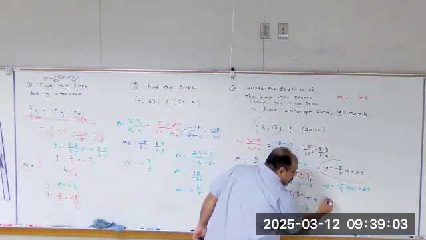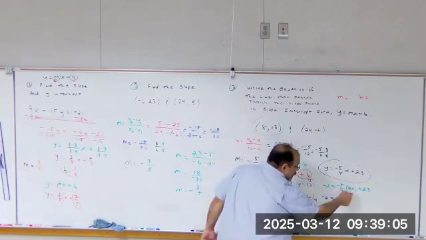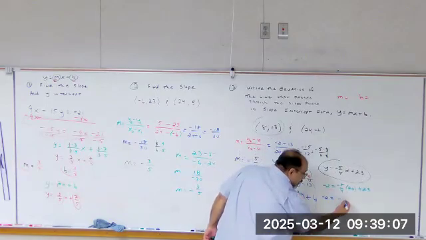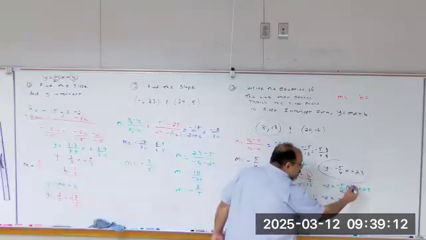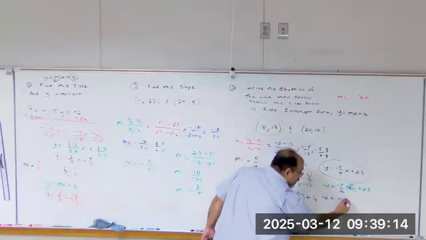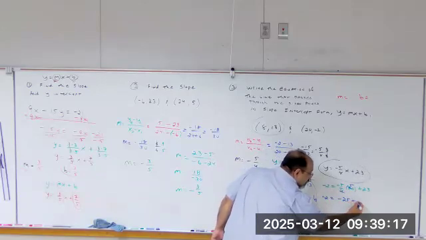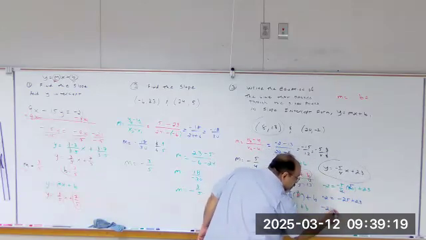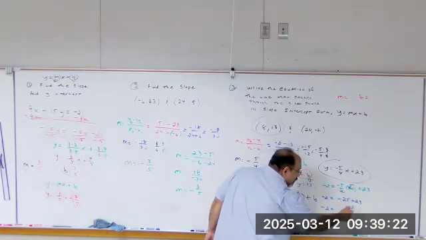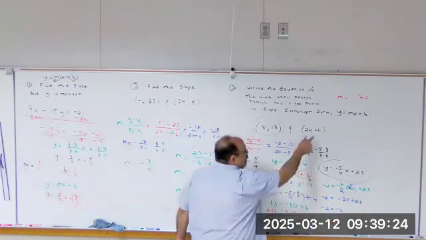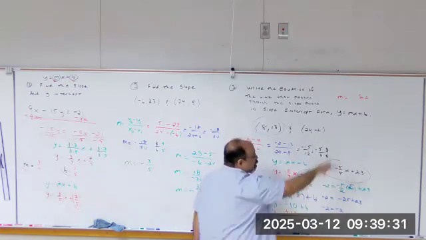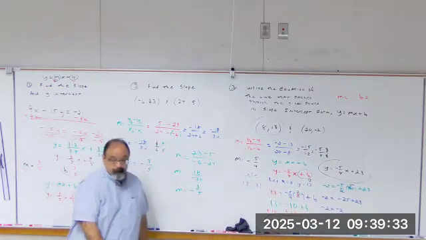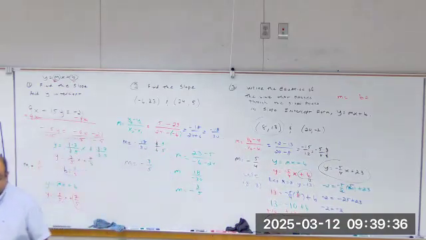So negative 2 equals negative times a positive is going to be a negative. 4 goes into 20 how many times? 5. So this is negative 5 times 5, so negative 25 plus 23. So negative 2 equals negative 25 plus 23, yep. When I plug the other ordered pair into the equation that we made, it works. So this equation goes through those 2 points. So I know I have the right answer.